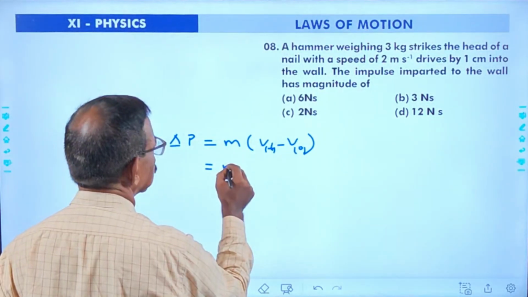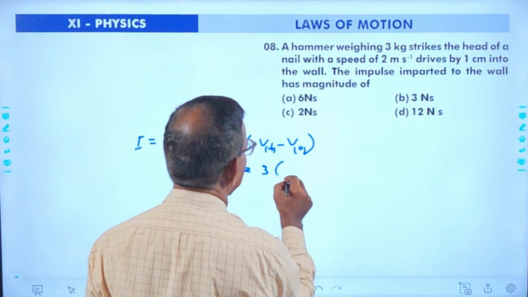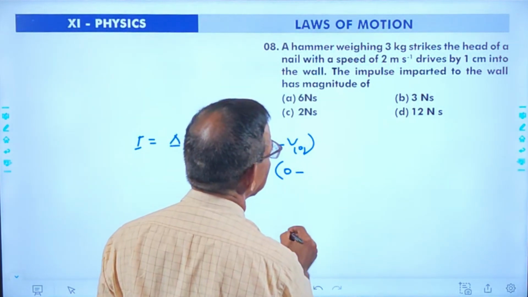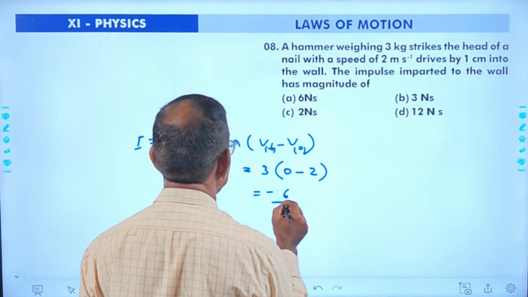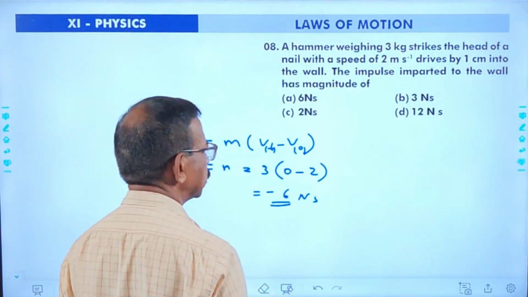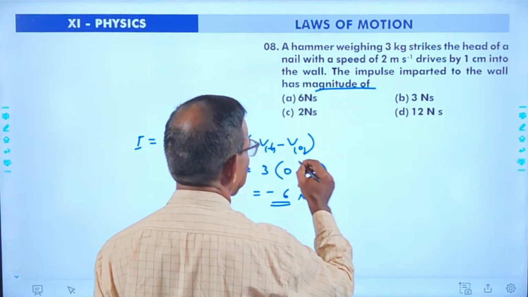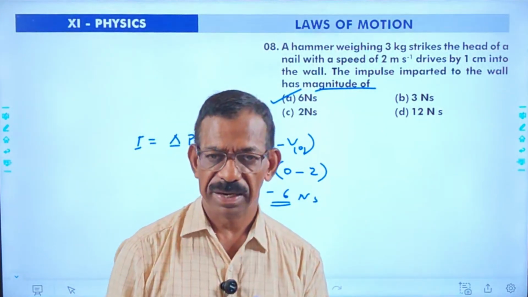Here M is given as 3 kilogram, Vt is 0, minus V0, 2 meter per second. The answer is minus 6. It may be Newton second, force into time. The magnitude of force means 6 Newton second. The correct answer is option A.